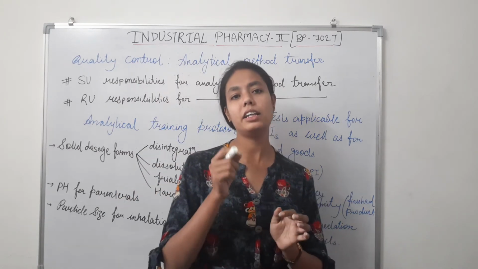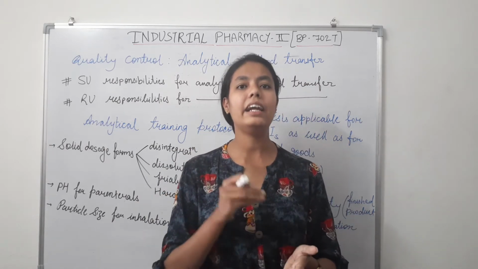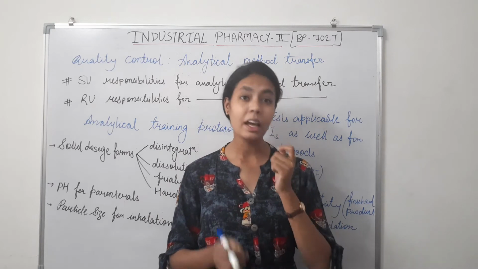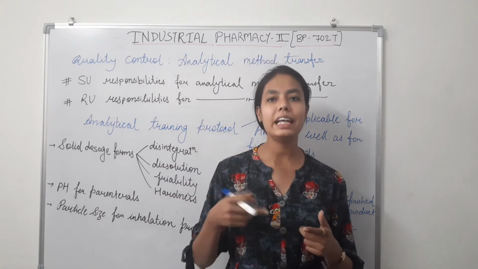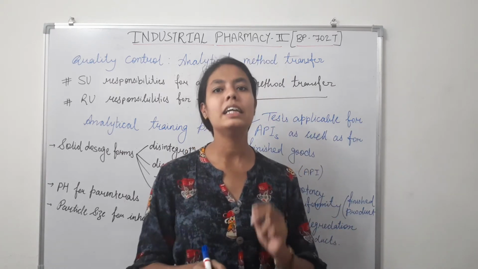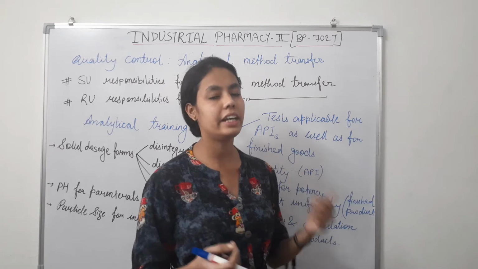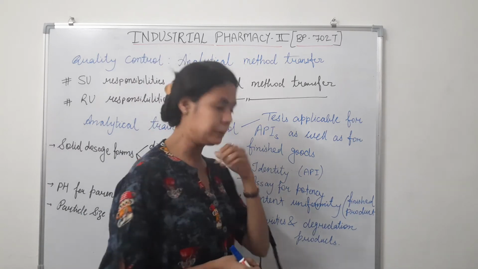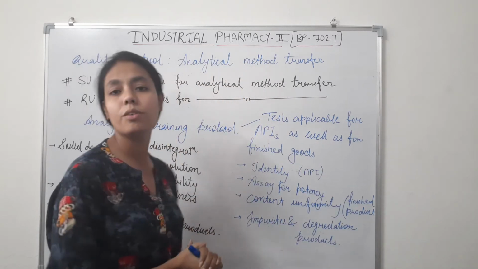Apart from that, the receiving unit should ensure that adequately trained and experienced personnel are in place for the analytical testing purpose, and also provide a documented system capable of recording receipt and testing of samples to the required specification using the approved test methods, and of reporting, recording and collecting data and designation of status, whether it is approved, rejected or quarantined, and execute the transfer protocol. So these are all the responsibilities of the receiving unit.